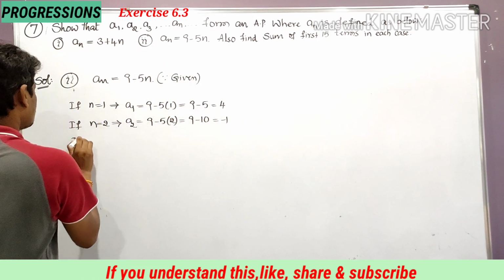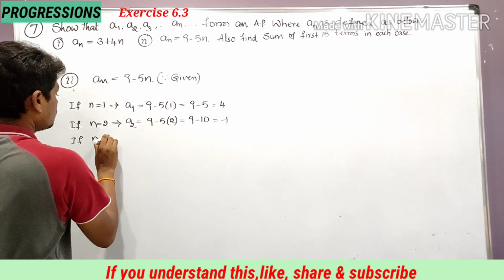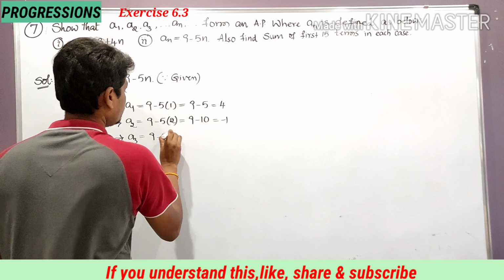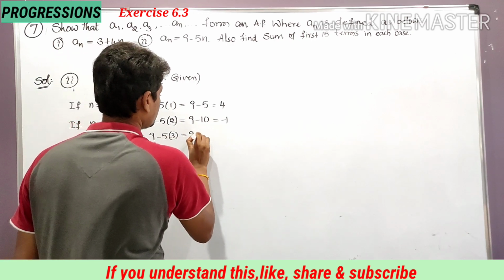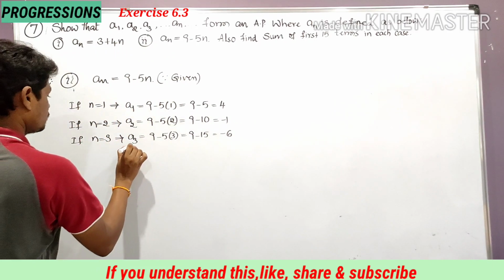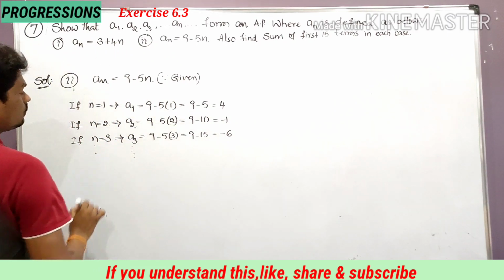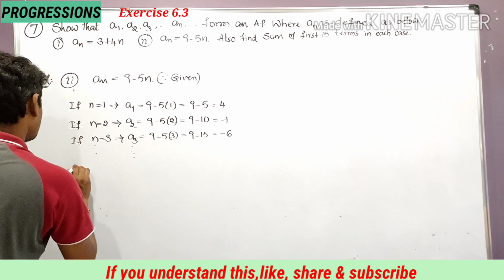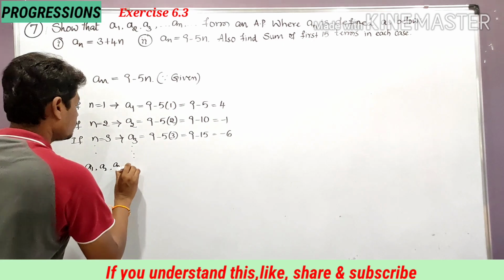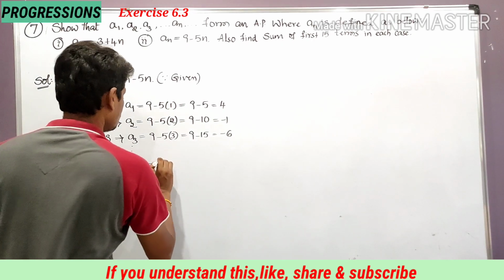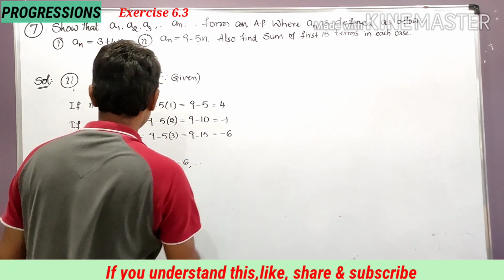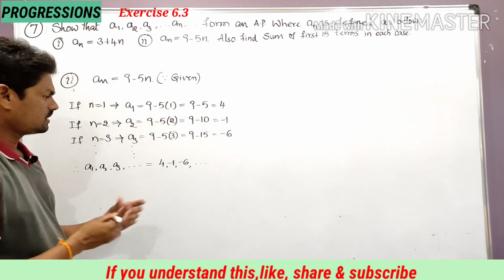If n is equal to 3, a3 is 9 minus 5 into 3, which is 9 minus 15, which is minus 6. Substituting n equal to 4, we can get a4. Therefore a1, a2, a3 and so on is 4, minus 1, minus 6, and so on. So this is the series, student.